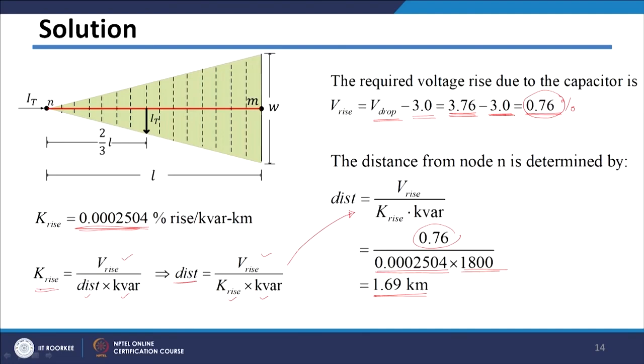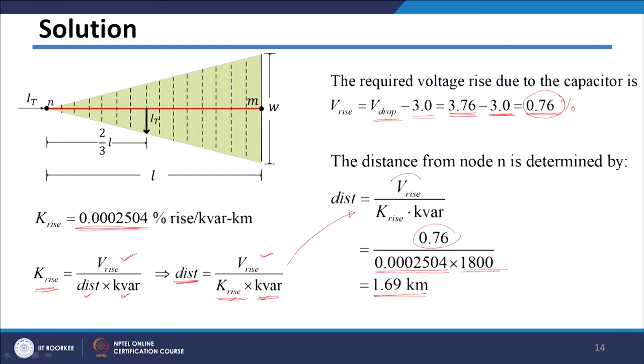By definition, the K rise factor is the V rise in percentage divided by the distance multiplied by kVAr. So, I can easily write that distance will be equal to V rise divided by K rise multiplied by kVAr. By using this equation, the distance can be easily calculated.